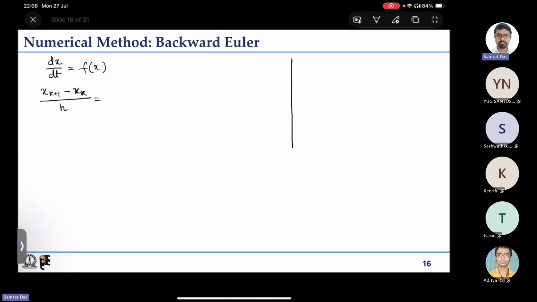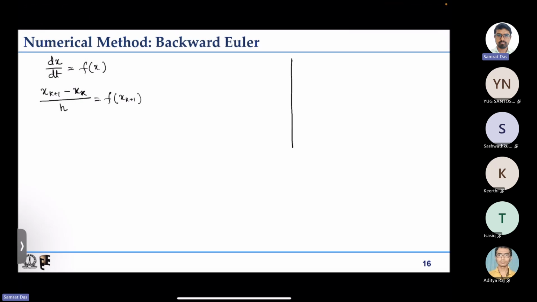On the right hand side, we will use the future, the k plus 1th instant values. How it will be solved, I will come to that.